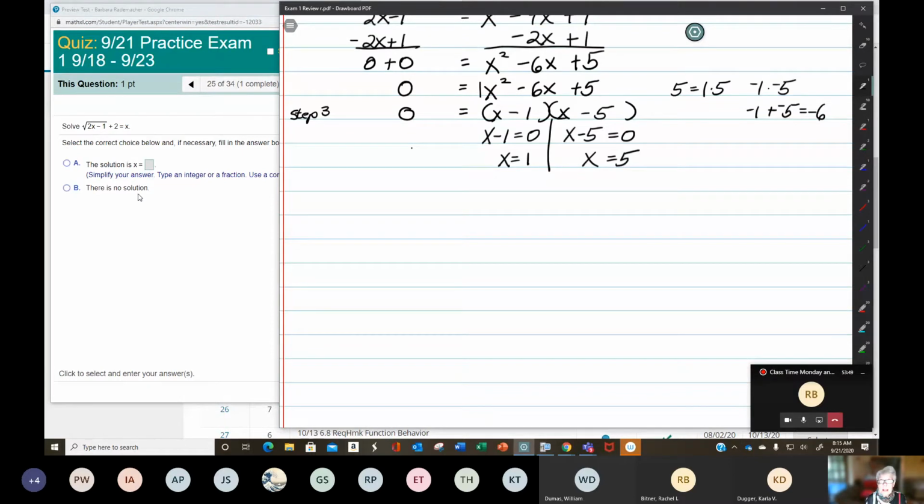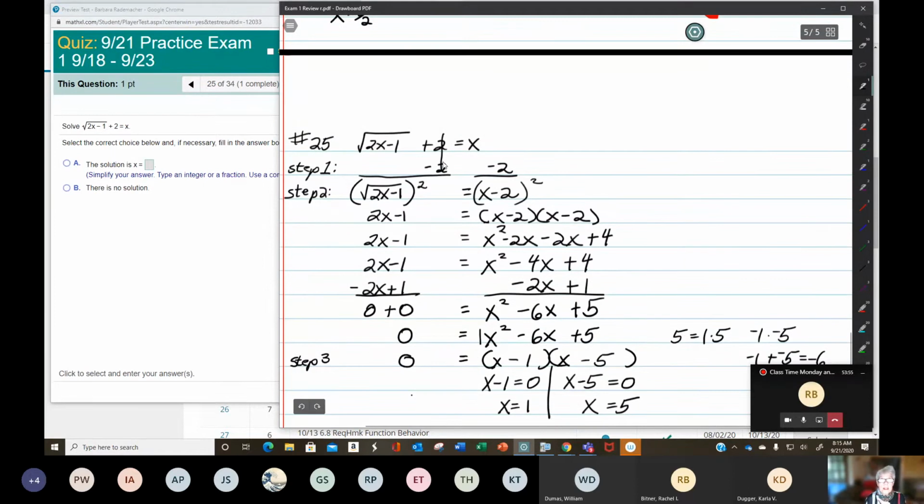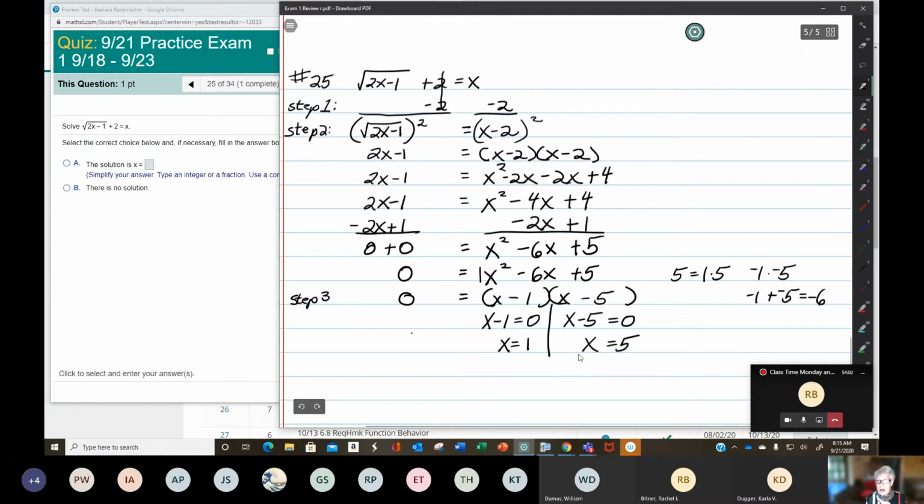But you can't trust this equation because it's a square root equation. It can lie to you. Just because these are the answers to this line doesn't mean they're the answers to the first line.